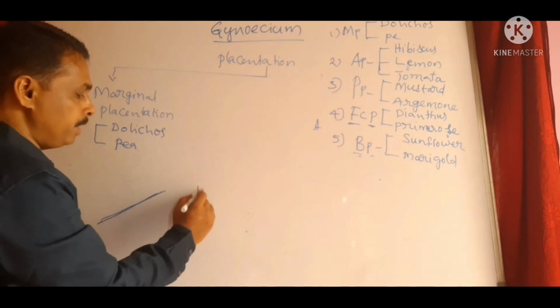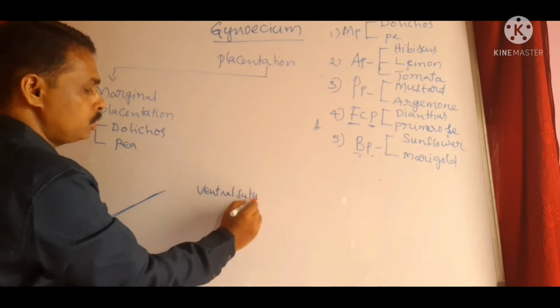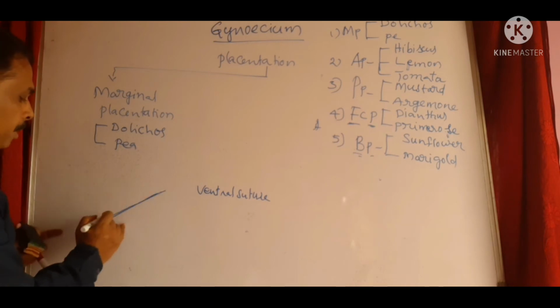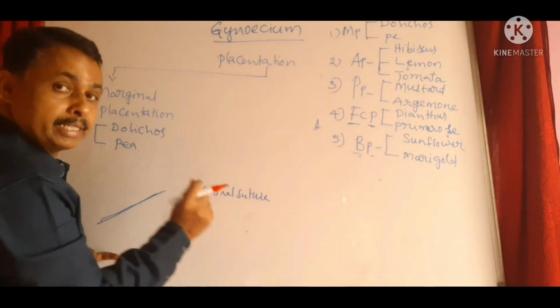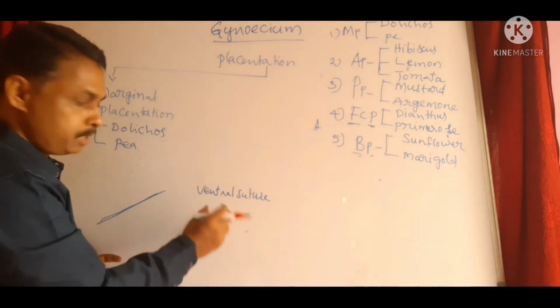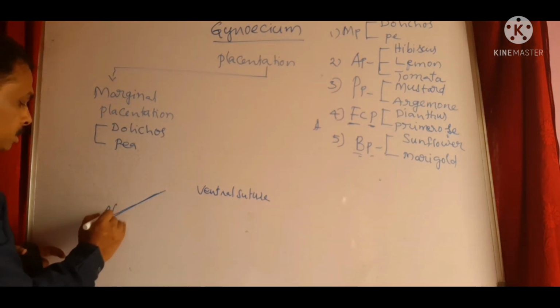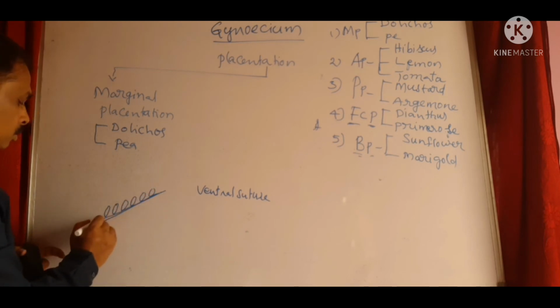That's why it is called a ventral suture. So towards the ventral side, the placenta will be formed as a ridge looking like a ventral suture, a suture-like structure. Over this, future seeds, ovules, will be arranged in two rows.